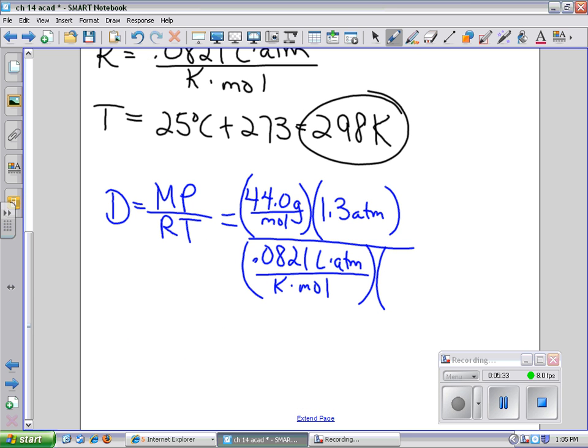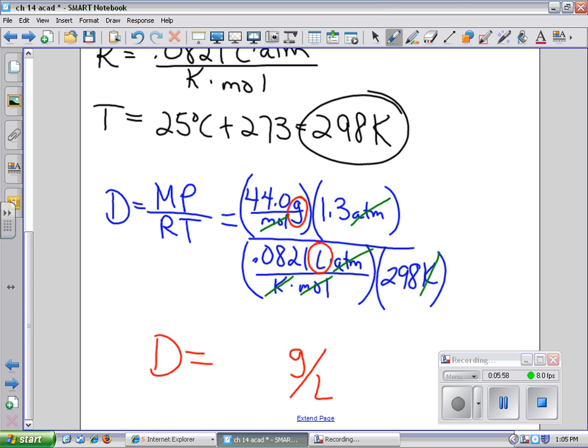And our temperature was 298 K. Let's see what cancels. Moles and moles go away. Kelvin and Kelvin go away. Atm and atm go away. So what's left behind? Grams over liters. Density is mass per unit volume, so grams per liter works perfectly. Excellent. So unit-wise, we're in good shape.